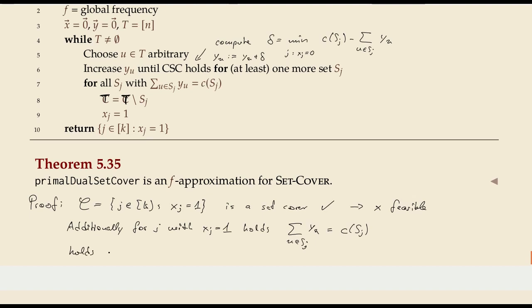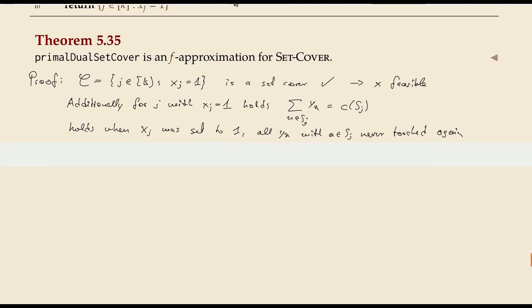So this holds when xj was set to 1, and all yu for these elements in the set, they are never touched again. So it still holds when we finish.